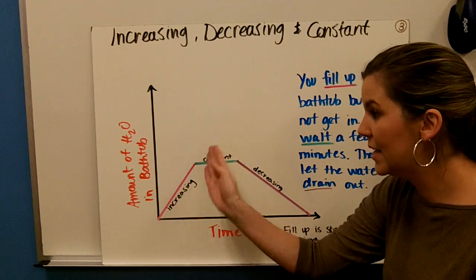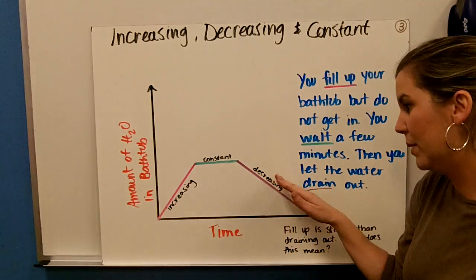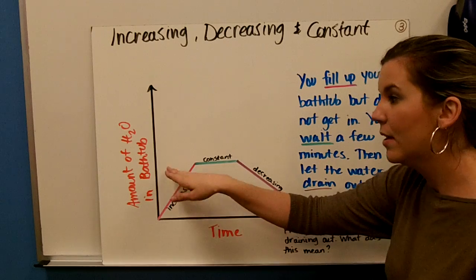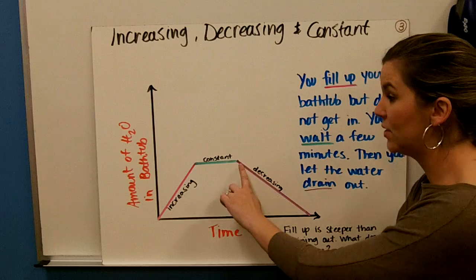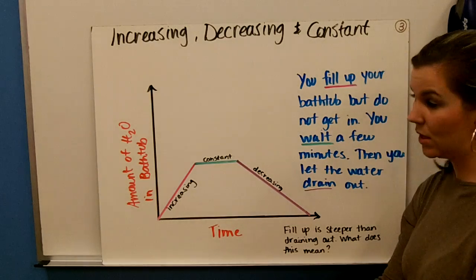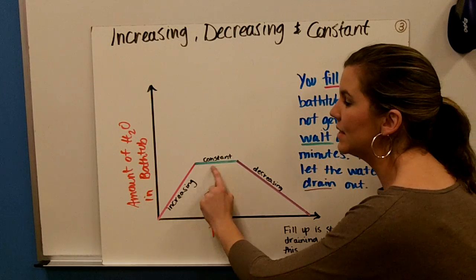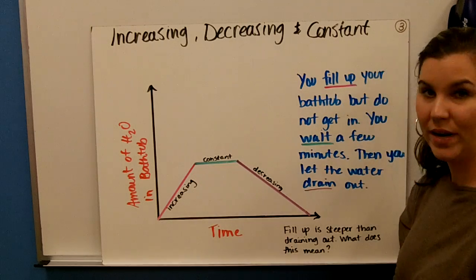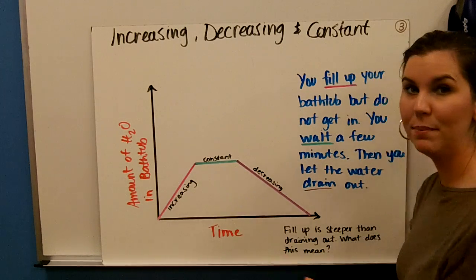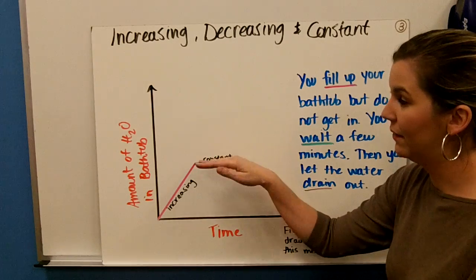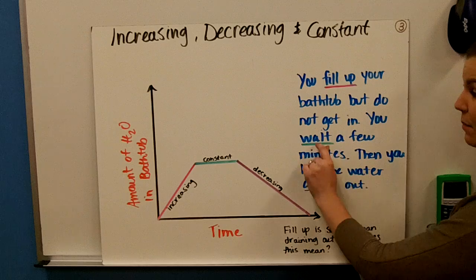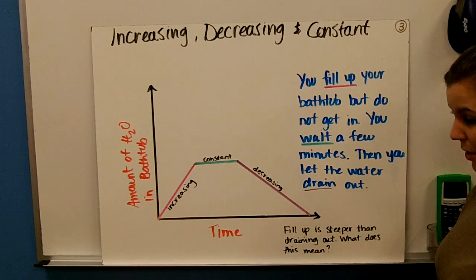So this line is really steep compared to this part of the line. When you put water in your bathtub, it happens faster. And as water drains out, that happens slower. This is a constant rate of change. Nothing is happening. The water's not going in, the water's not going out. The water in the bathtub is staying the same. This happens during the wait a few minutes part.